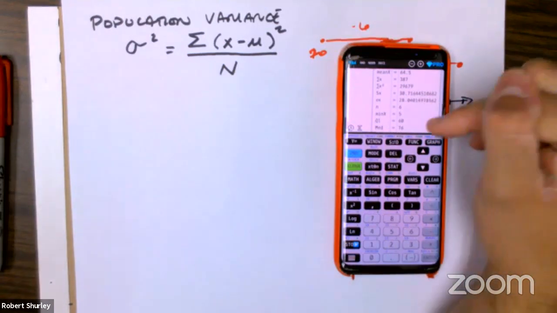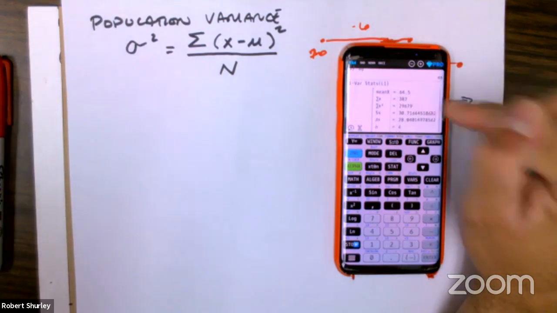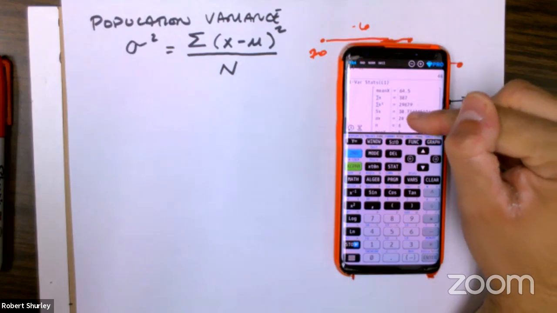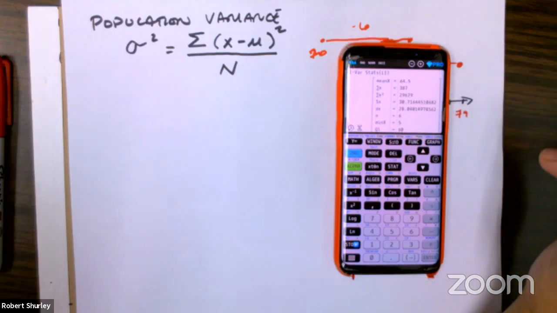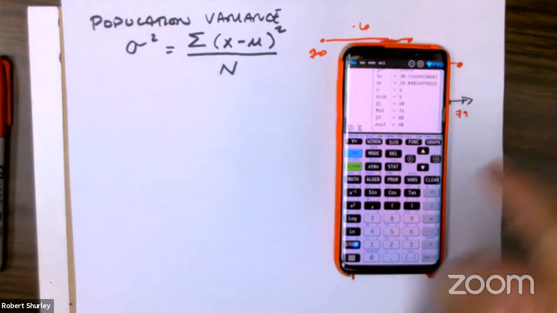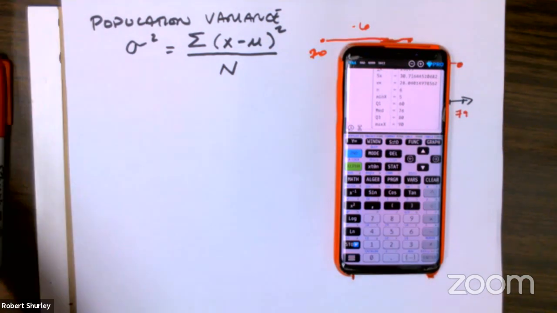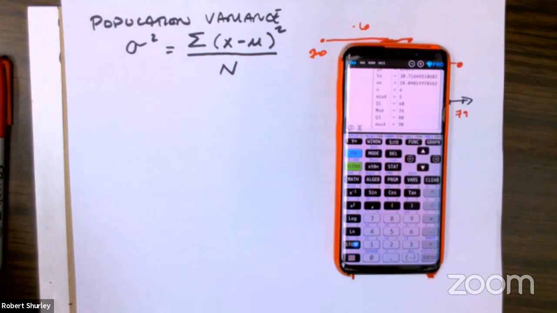Oh man, we might have to do one of these by hand. Let's see if we can. Get this right. Oh, interesting. Oh no, we're going to have to do one of these by hand just to see which one of these line up. Hold on. You should be able to find the variance in the calculator. Give me a second. I'm going to Google this real fast. How to find population variance in TI-80, whatever.